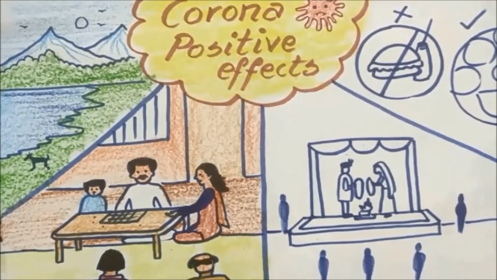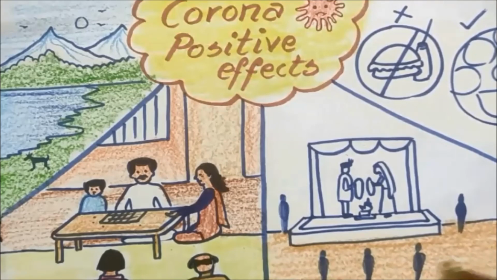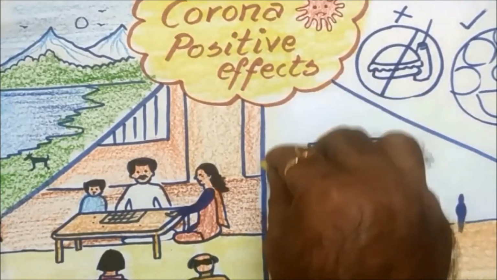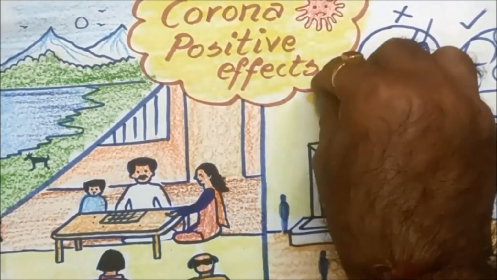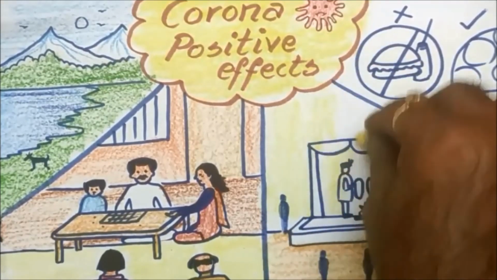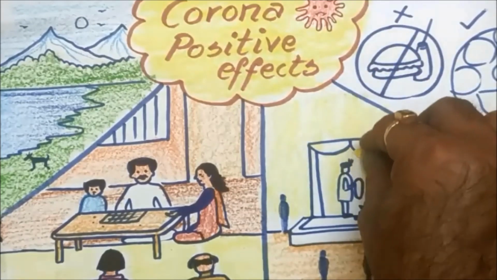Now light brown at the floor of the marriage hall. Yellow color at the top of the backdrop of the marriage hall.